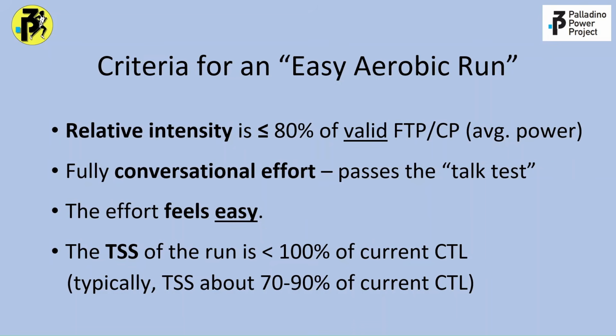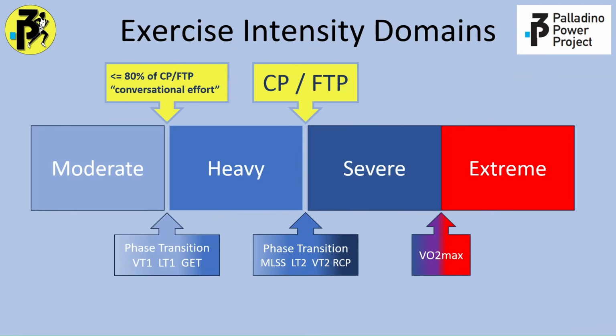And then again, as I said, less than or equal to 80% of valid CP or FTP is sort of like your ceiling. So if you're no higher than 80%, and you're passing the talk test, your full conversational effort, and it feels easy, of course, that is the marker. It's a great marker for the phase transition between moderate and heavy.